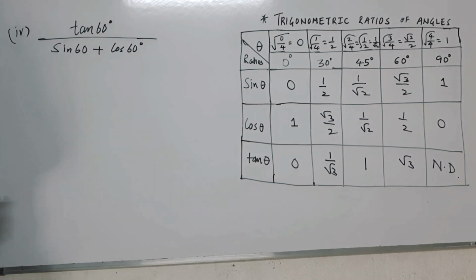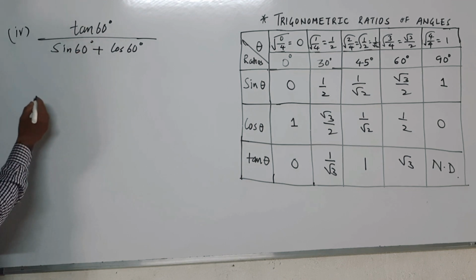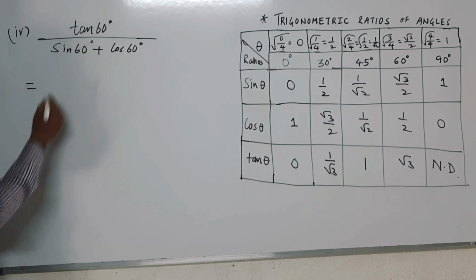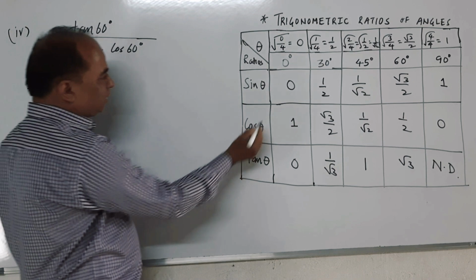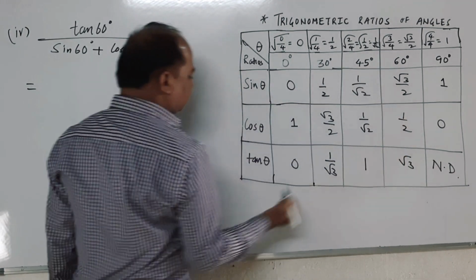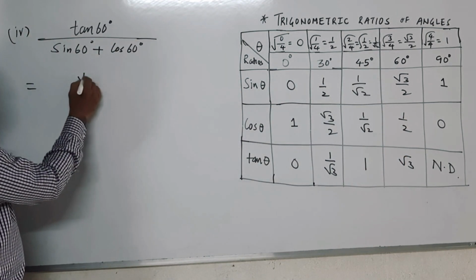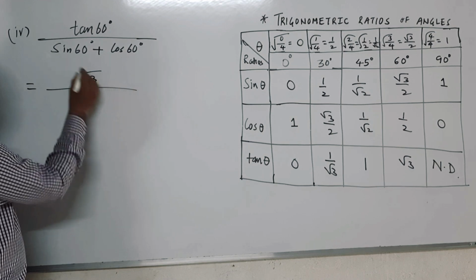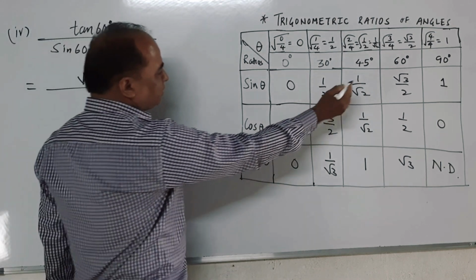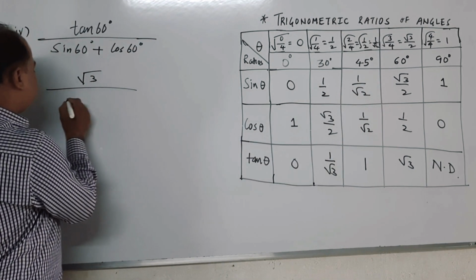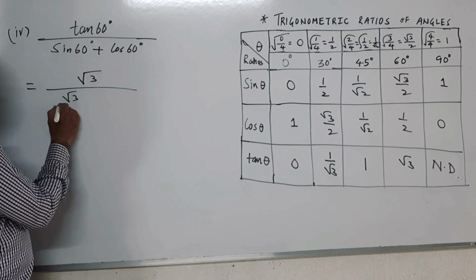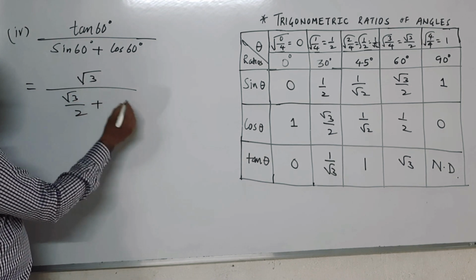Fourth example: tan 60 divided by sin 60 degree plus cos 60 degree, which is equal to tan 60. Tan 60 is equal to root 3, divided by sin 60. Sin 60 is root 3 upon 2, plus cos 60.